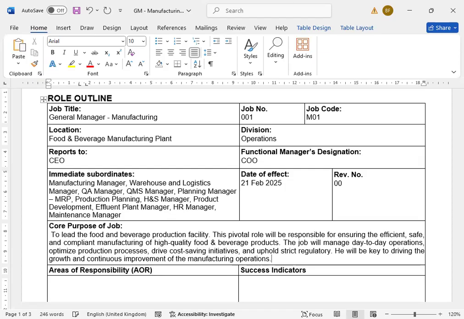I think we've written enough for us to understand really the core purpose of the job.